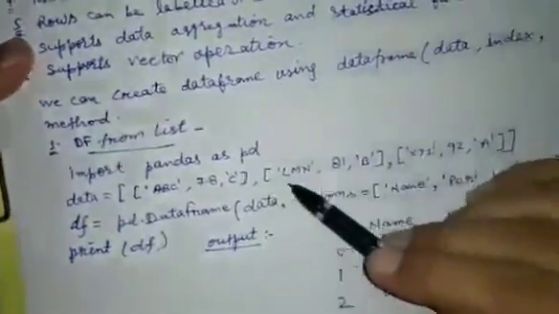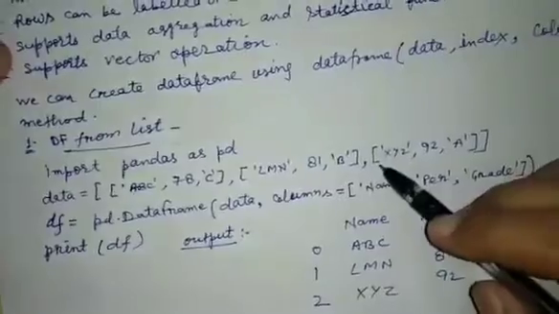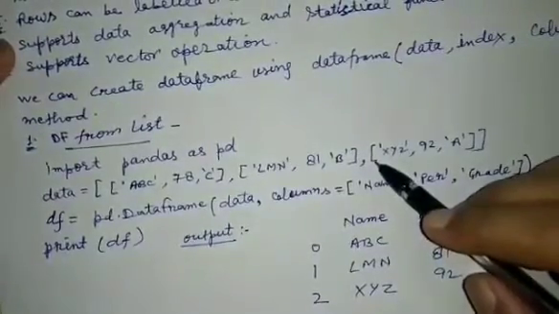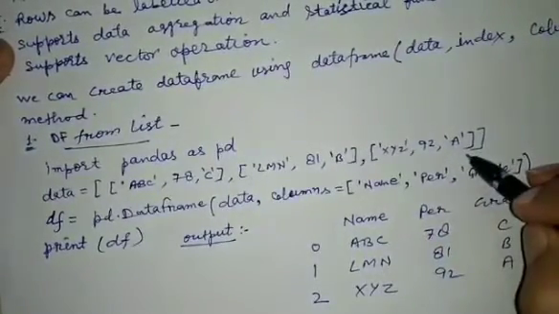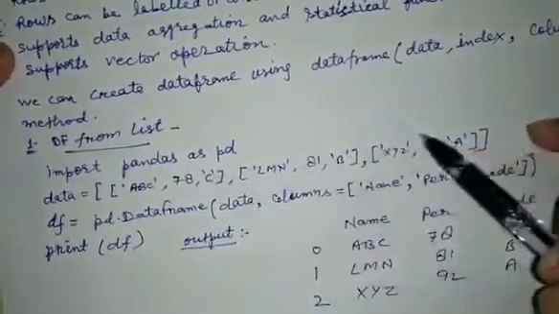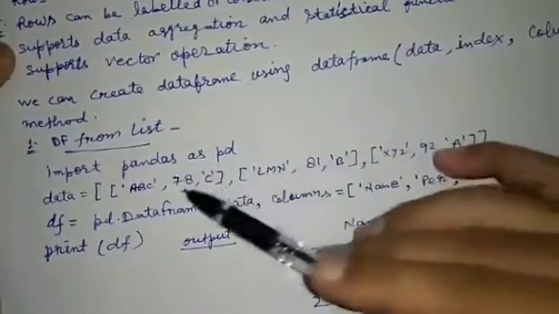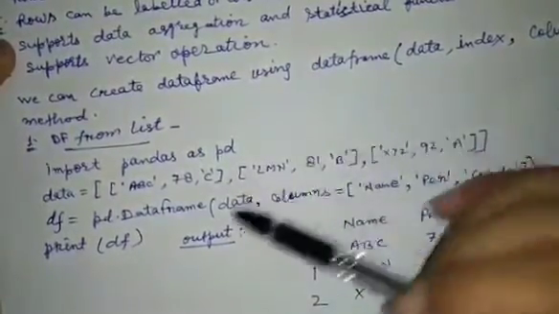The second element is also a list having 3 elements, and the next element of the list is also a list. So each individual element of this outer list will work as a row of the data frame.